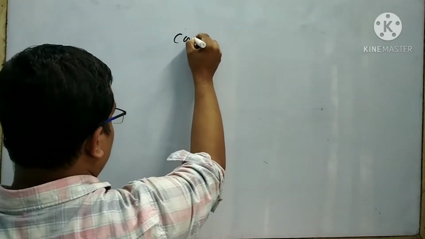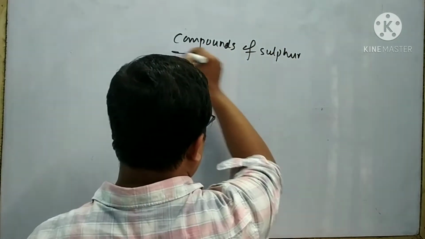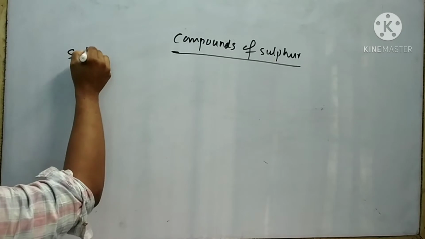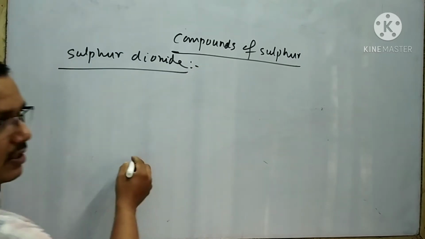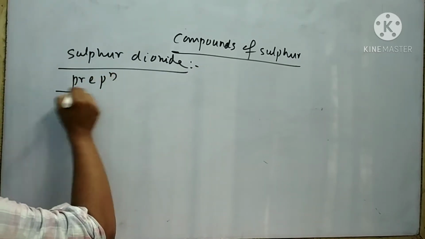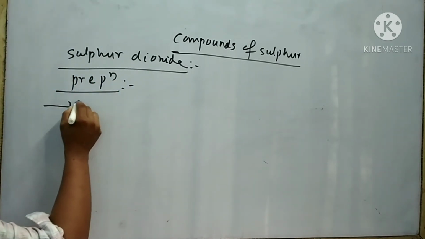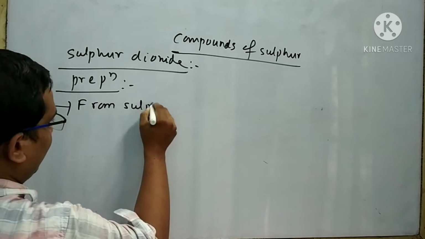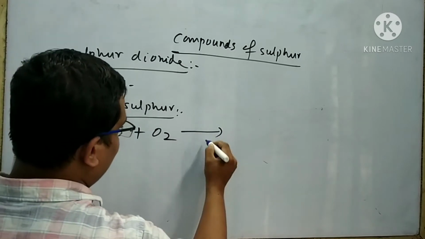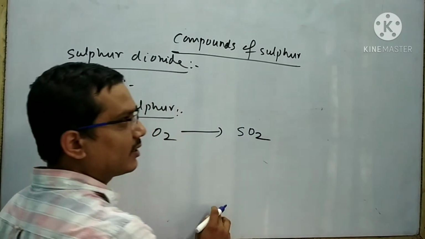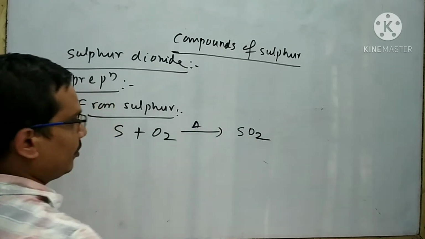Next I will discuss the compounds of sulfur. First compound is sulfur dioxide. At first I will discuss the preparation of sulfur dioxide. First preparation is from sulfur. Sulfur bonds with oxygen to form sulfur dioxide. So I can write S plus O2 gives SO2.